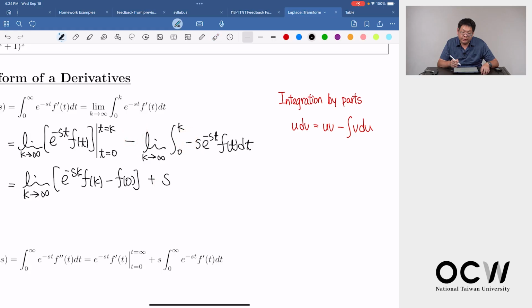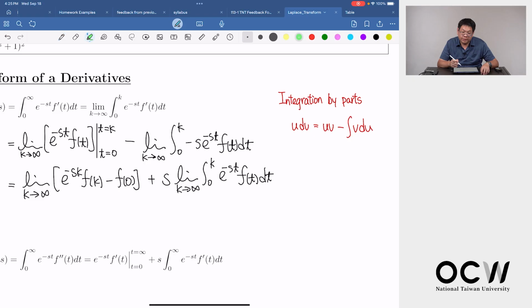We put s outside because it is irrelevant of k, then we put the limit as k goes to infinity of the integral from 0 to k of e to the minus st f of t dt.